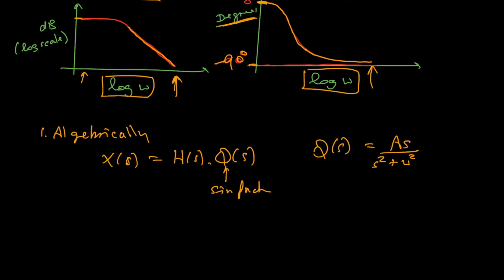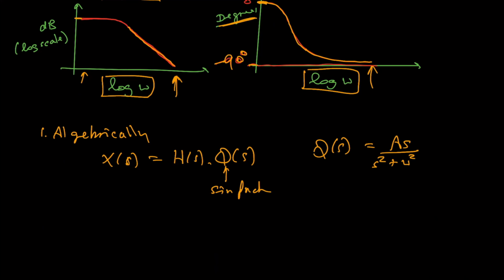You have to multiply that into your H of s, and that becomes rather awkward. You don't really want to do that, and for anything non-trivial, you're not going to do it that way.